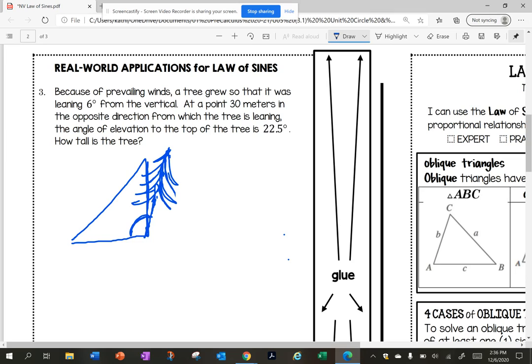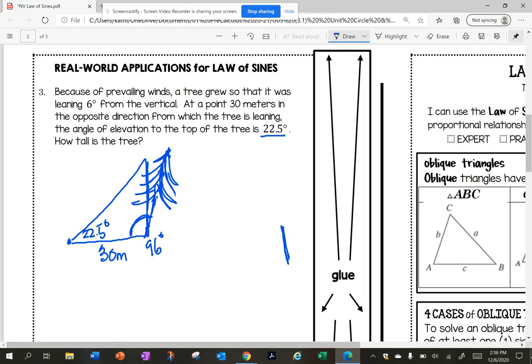So this is 90 plus 6, which is 96 degrees. And then it says I have an angle of elevation of 22.5 degrees. So here's my angle of elevation here. And the angle of elevation is 30 meters from the tree.